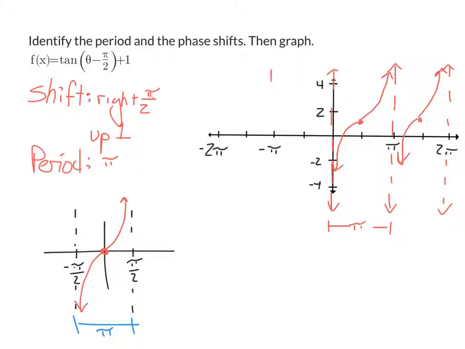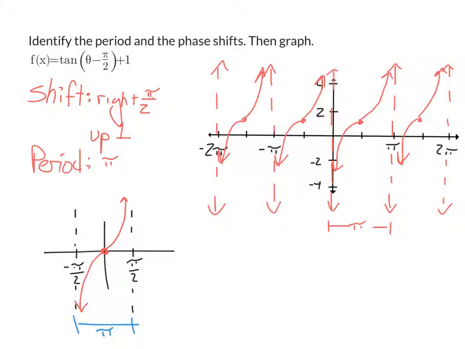I can also go to the left, start at negative pi over 2 comma 1 and do our drawing. And then again, at negative 2 pi, we'll have a vertical asymptote, starting at negative 3 pi over 2 comma 1 and then do our drawing here.